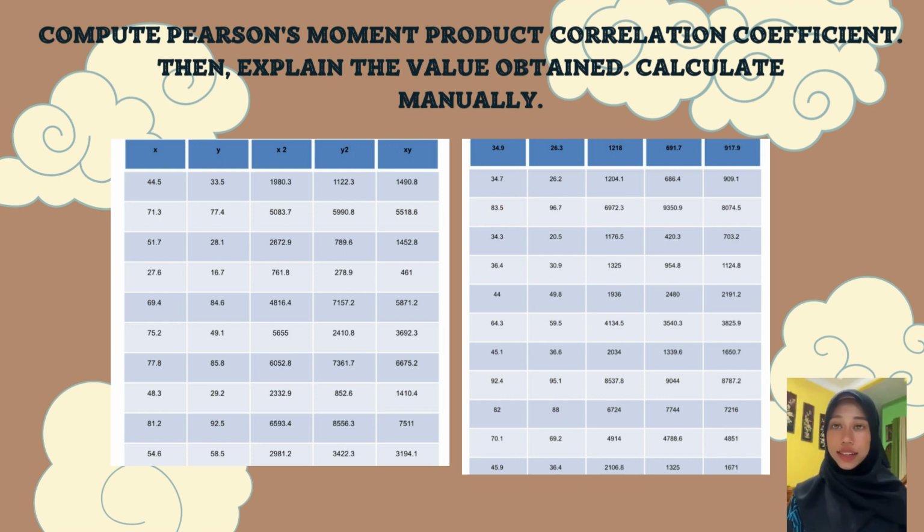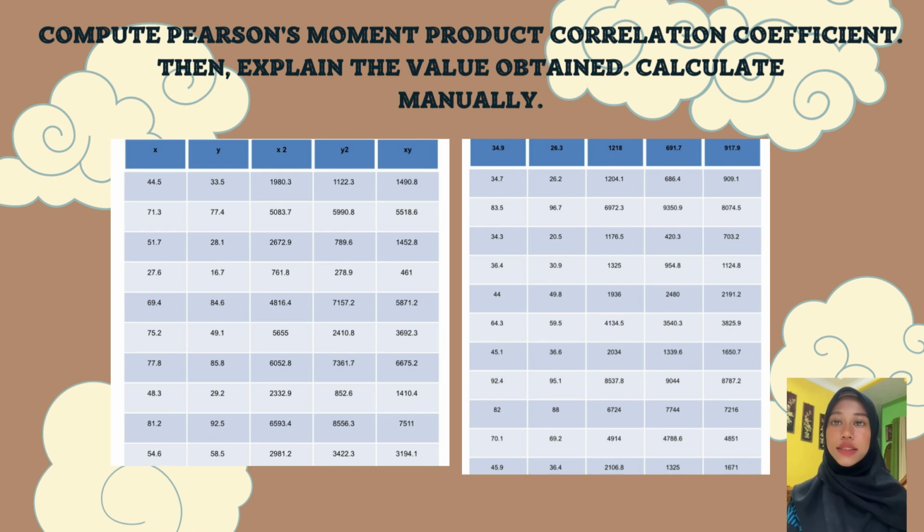If we insert the data, r equals 32 multiplied by 103823.3 minus 1759.2 multiplied by 1621.1, divided by the square root of 32 multiplied by 108465.6 minus 1759.2 close the bracket squared, 32 multiplied by 1030.72.2 minus 1621.1 squared.